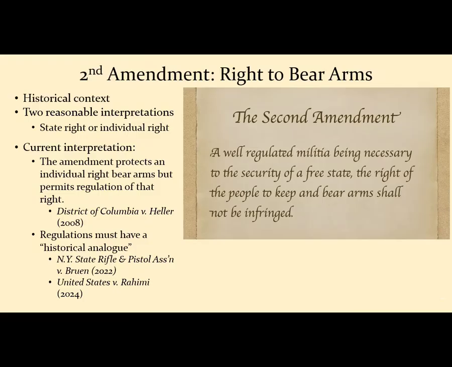Have states in the past had these types of regulations? If yes, well, then this current regulation is valid under the Second Amendment. That's what we mean. So the current interpretation is states can regulate gun ownership and use provided the regulation has a historical analog.